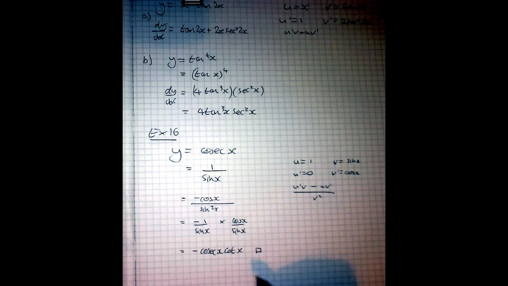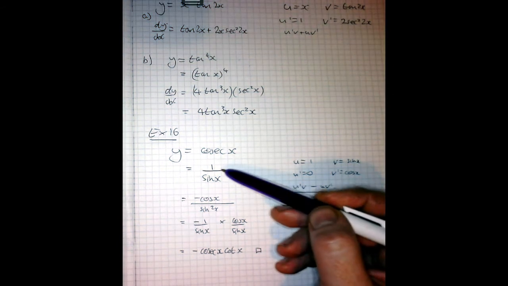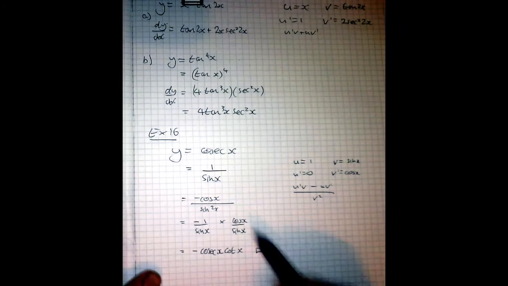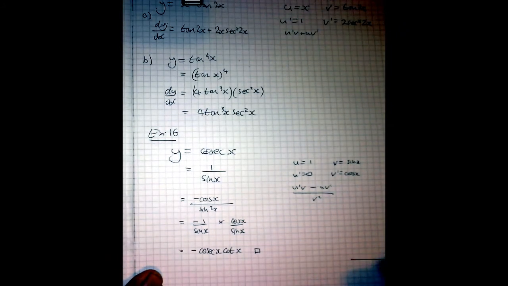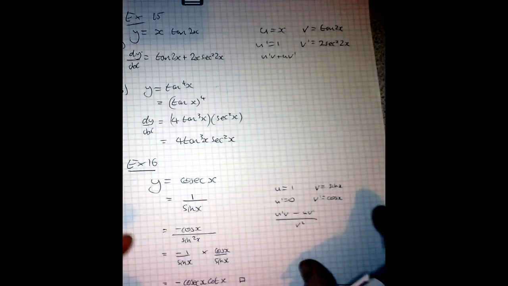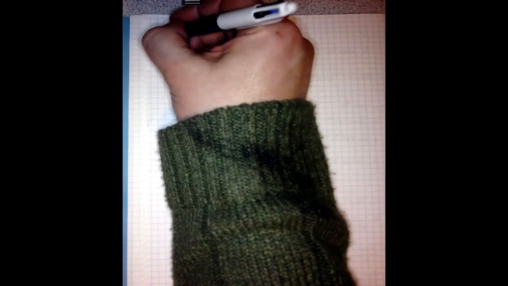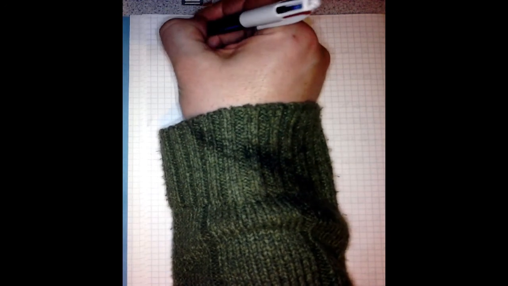Let's do example 17. Y equals cosec 2x over x squared. So quotient rule here, U is cosec 2x.